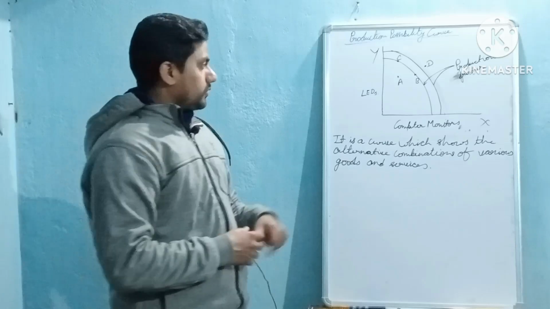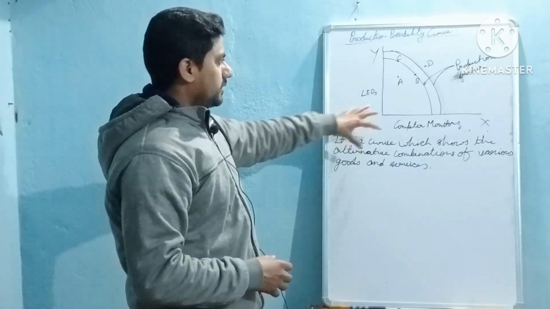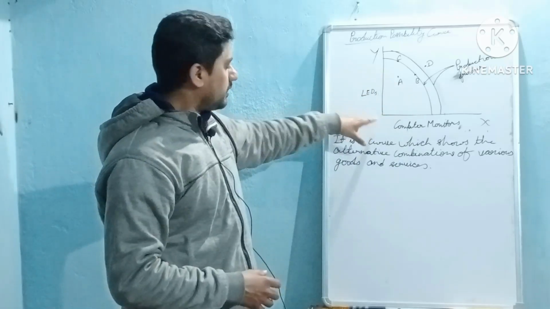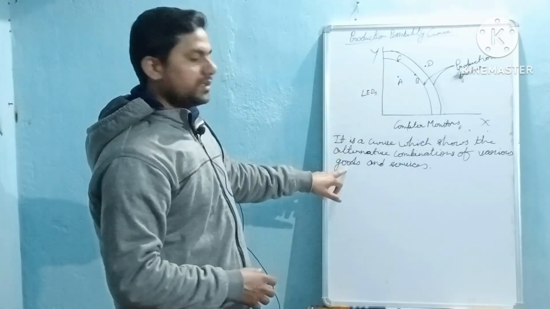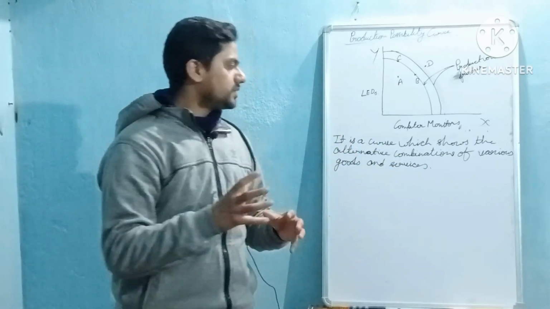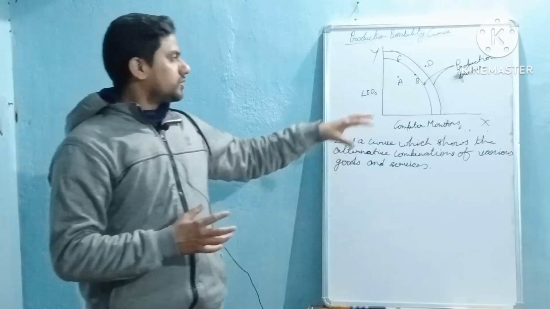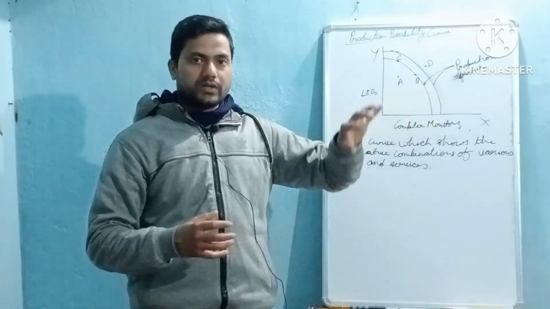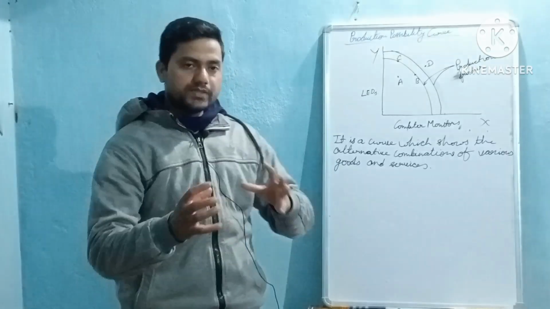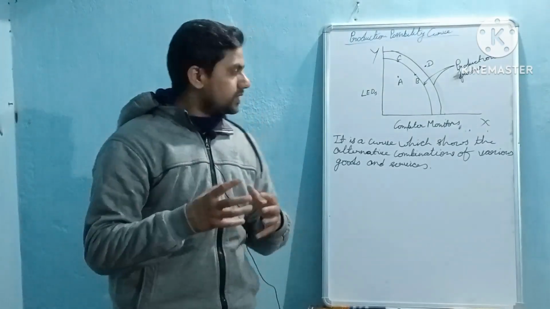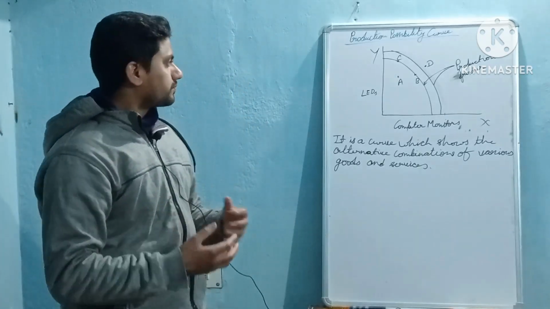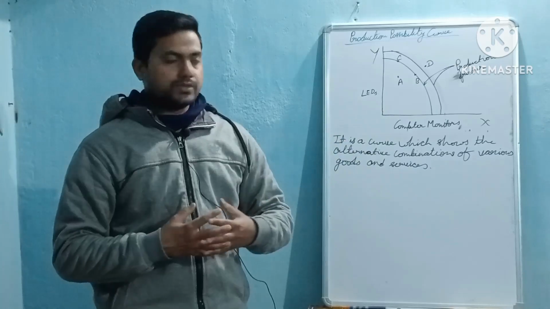Okay, so here this is the graph, and here the definition is written: it is a curve which shows the alternative combinations of various goods and services. So this is a kind of curve or graph which shows various combinations of goods and services which can be produced.